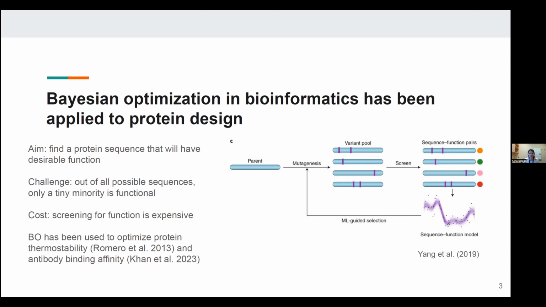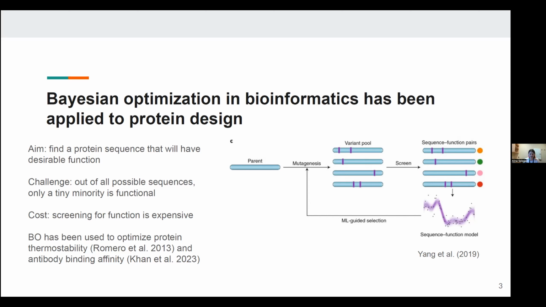If we consider the whole space of all possible protein sequences, only a tiny minority of that space actually represents functional proteins that would exist in a cell or perform some function. So when we find some sequence that we think is a promising one, to find out if the sequence maps to our function in the way that we want, we need to do a cost expensive screening step.